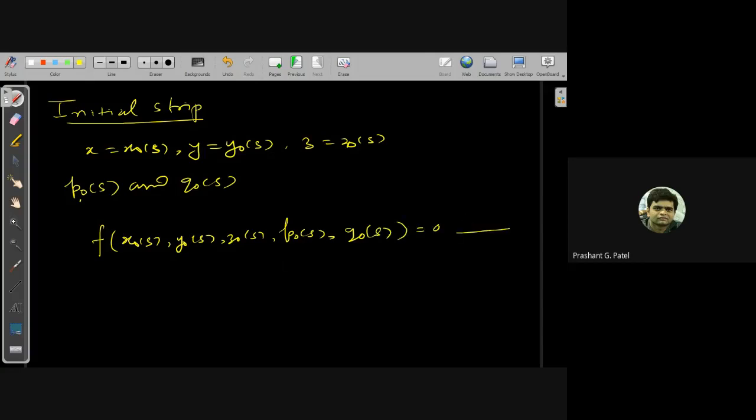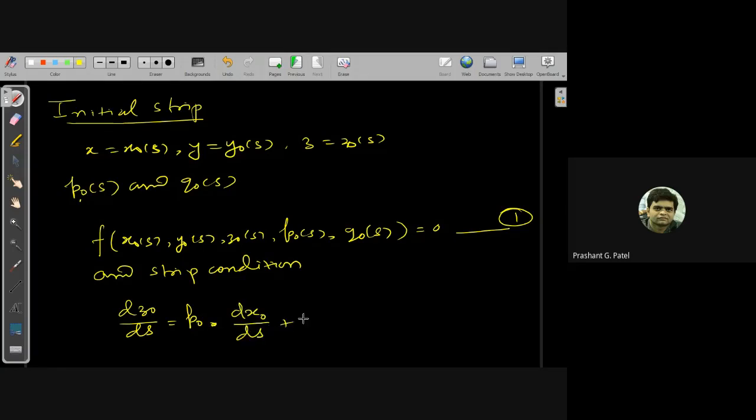I will call this equation number 1, and the strip condition, that is dz0/ds is equal to p0 into dx0/ds plus q0 into dy0/ds. I will say this is equation number 2.